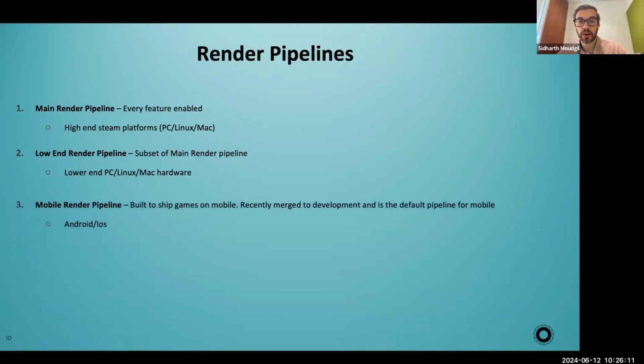There's the mobile render pipeline. The mobile render pipeline was recently merged into development. It was built specifically for tile hardware. Your PC, Linux, and Macs, they all use something called forward GPUs. And the mobile hardware uses tile GPUs. The way tile GPUs do rendering is very, very different. They use TBDR, which is a tile-based rendering architecture.